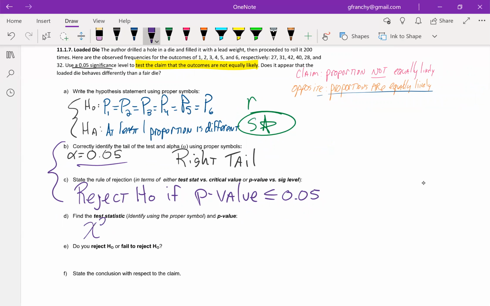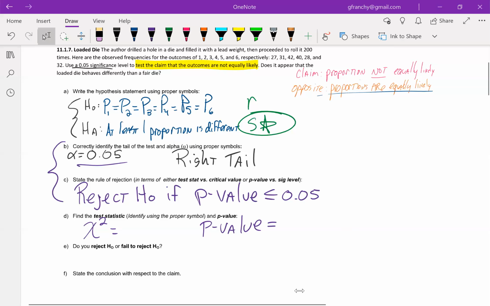So at this point, we're ready to go to Statdisk and enter in our data. This time we only have to enter in our observed frequencies, and that's because our null hypothesis is that all the proportions are the same. Okay, just wanted to make sure I didn't lose these numbers when I switched screens here.